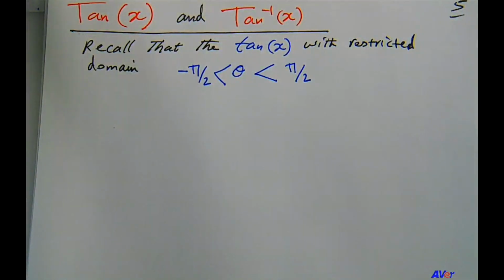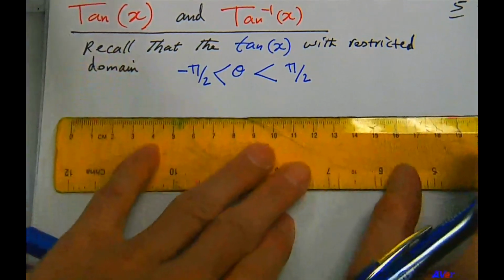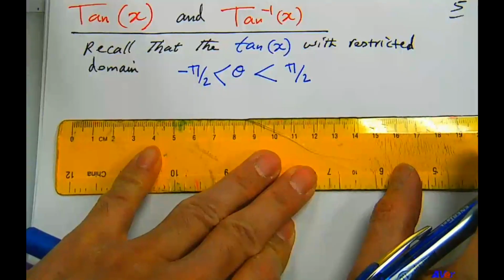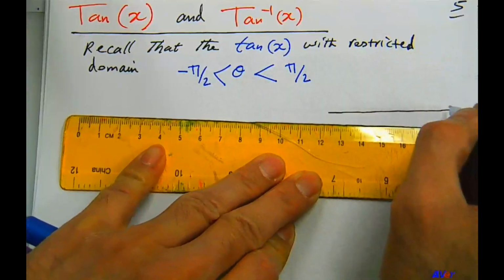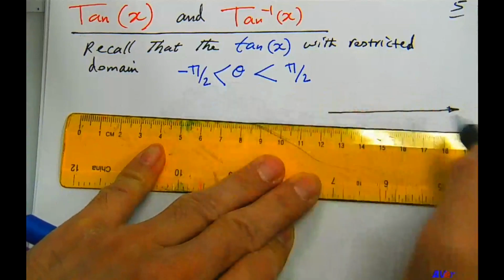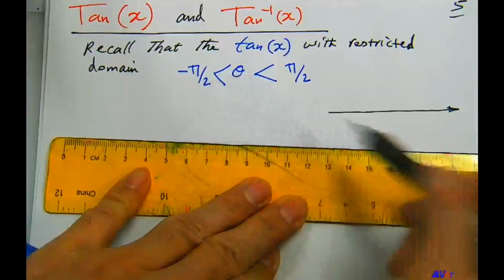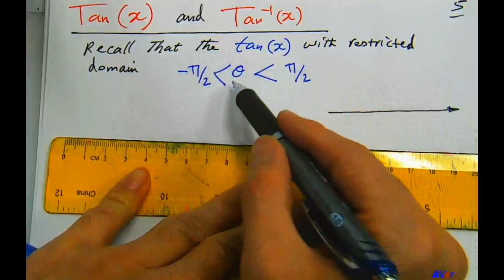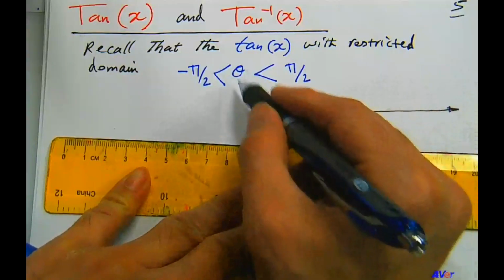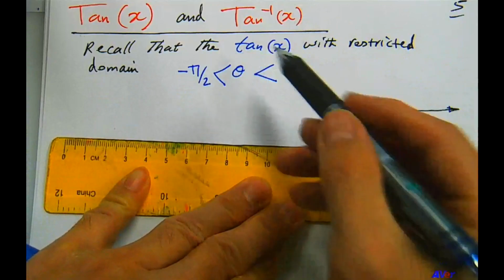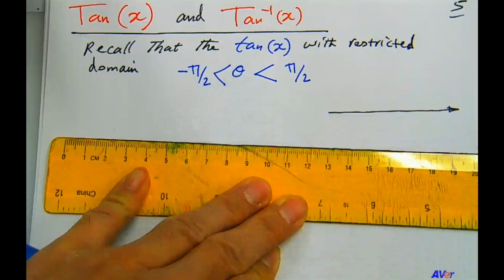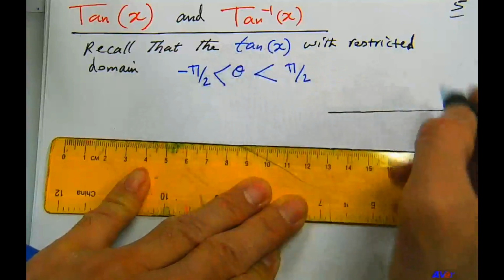So let's draw a picture. On the x-axis, the theta axis, theta is part of the domain for this tangent function, and when we get to the inverse tangent function, theta is going to be the range. But for now, it's part of the domain.